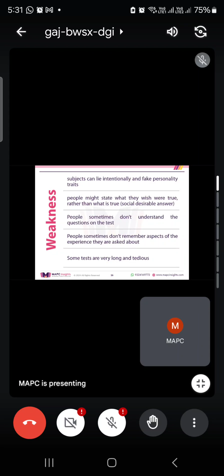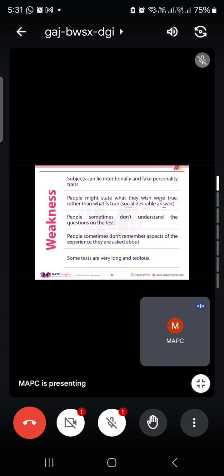Weaknesses. The subject can lie intentionally and fake the personality traits. As this is a self report, a person can give a fake response as well. They can lie. People might state what they wish were true.